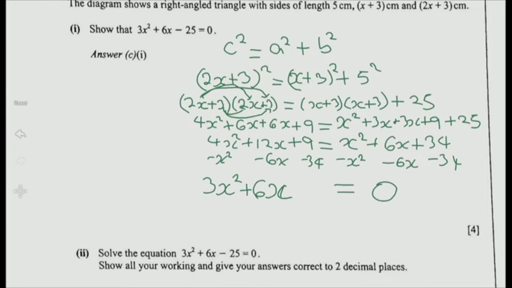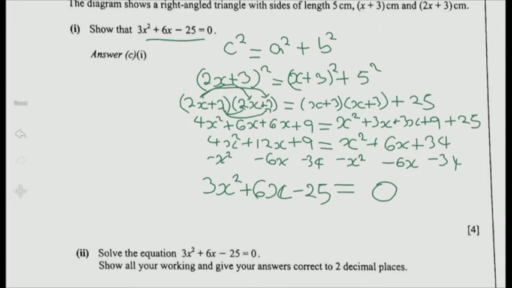Nine minus 34 is minus 25. So we have shown that, simplifying, you get 3x squared plus 6x minus 25.